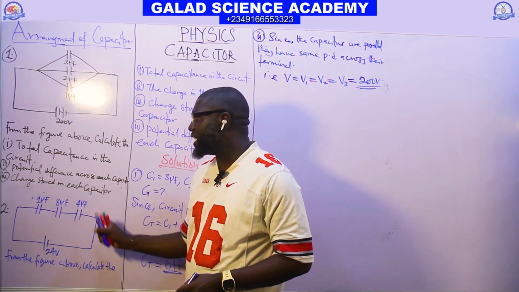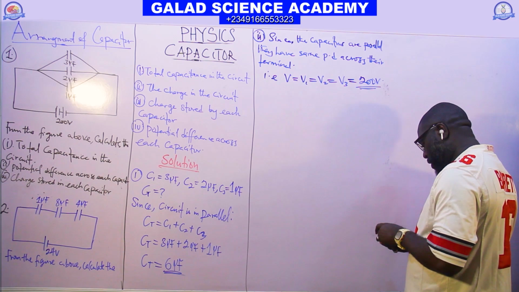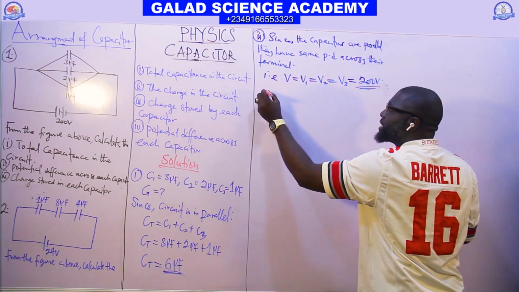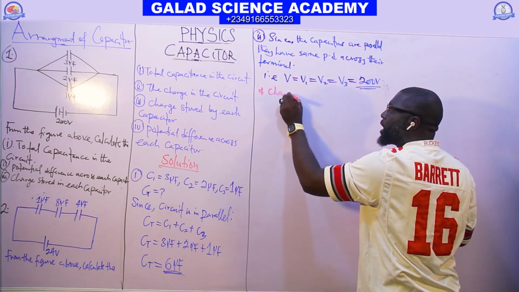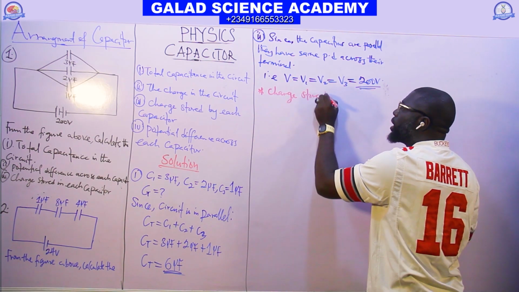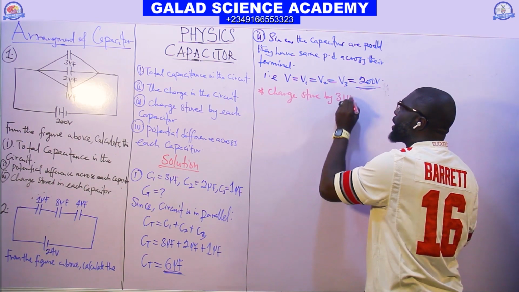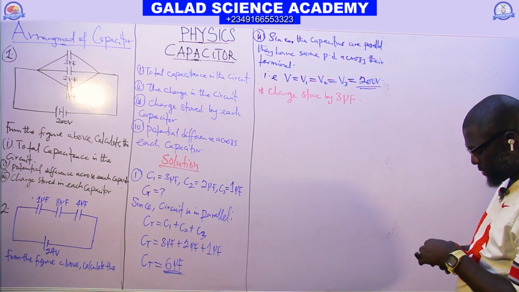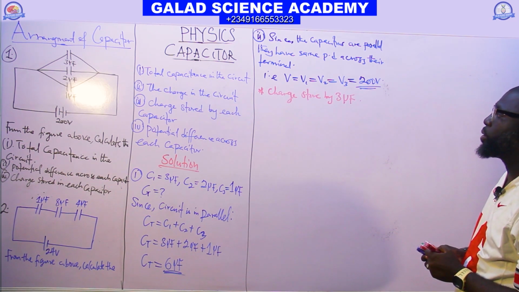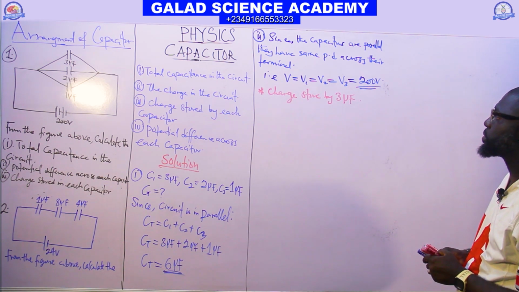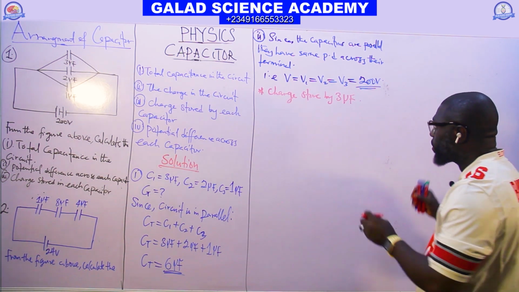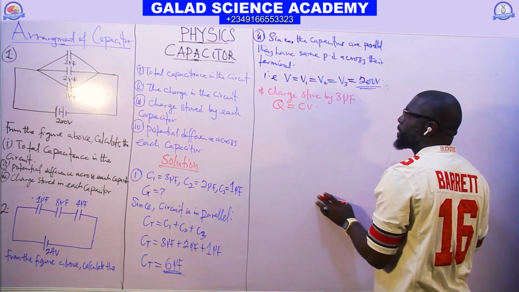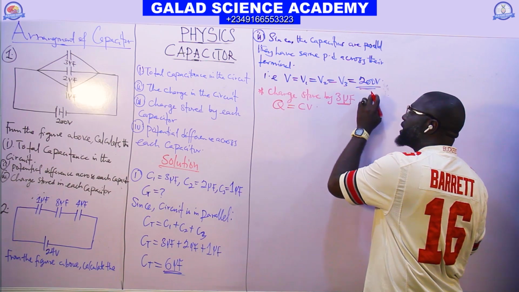Calculate the charge stored in each capacitor. Let us look at the charge stored by 3 microfarad. We know that Q is equal to CV.